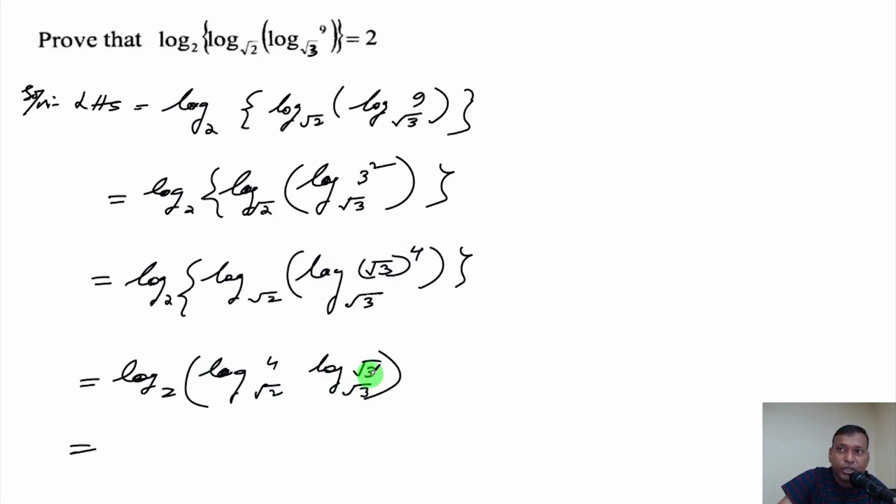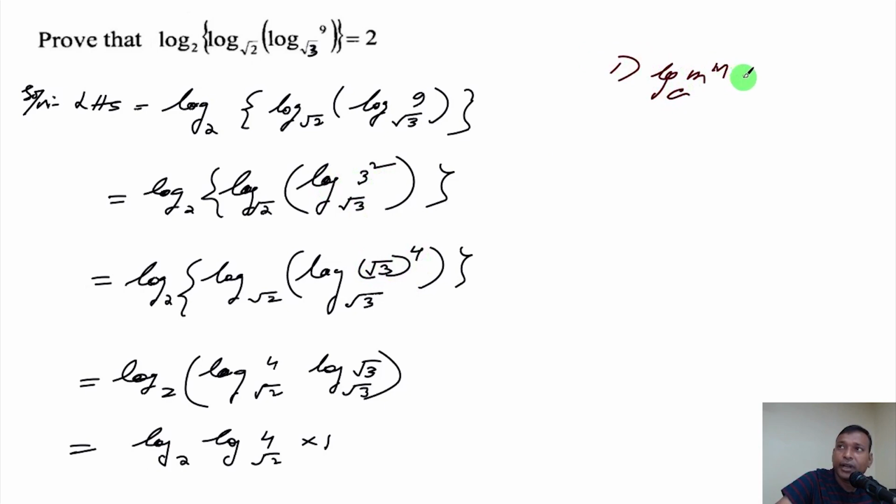Now this log root 3 to the base root 3 is one. Here I have used the property log m to the base a power n equal to n log m to the base a.